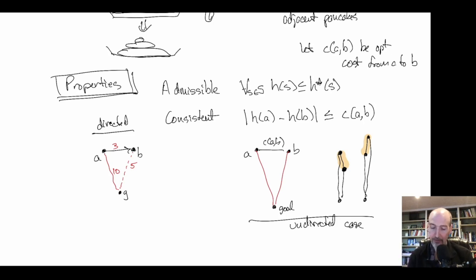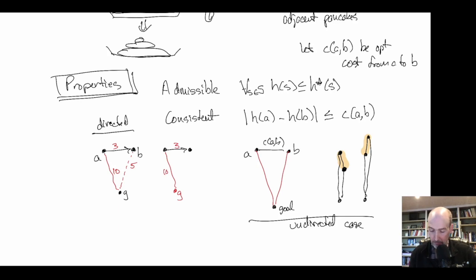But what can happen in the directed case is you could imagine that I'm sitting here thinking about moving from A to B, and it's a directed graph, so here I am wanting to get to the goal, and the distance here is 10, and I take a step that costs 3, and now what could happen?